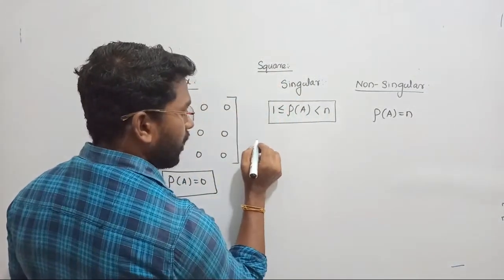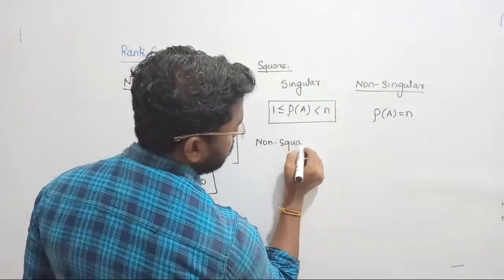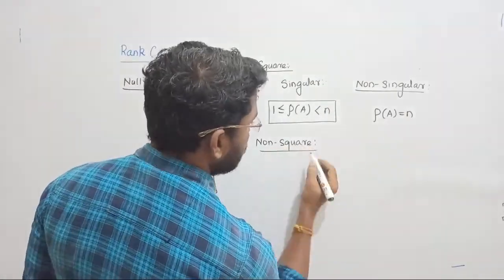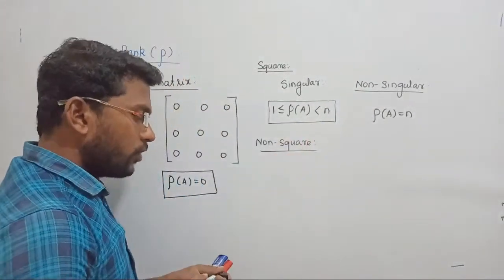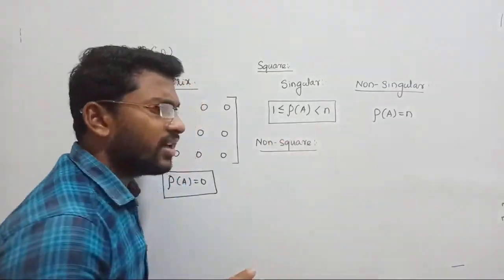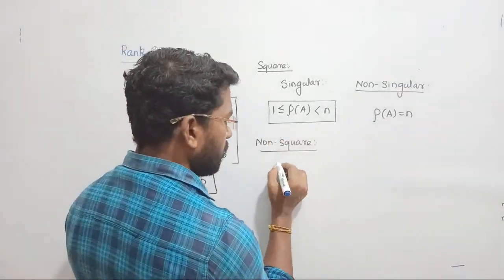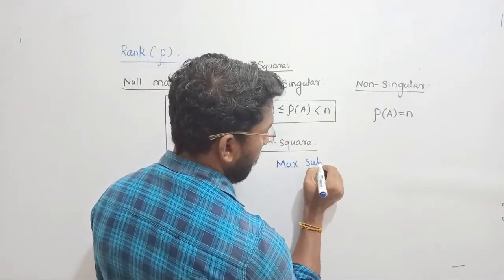Now when I am looking for non-square matrix, what I have told you, in non-square matrix also we have two cases, singularity and non-singularity. But நம்ம non-square matrix determinant find பண்றது நான் சொல்லிட்டேன், you should go with the maximum subsquare வந்து நீங்க செக் பண்ணி பார்க்கணும்.